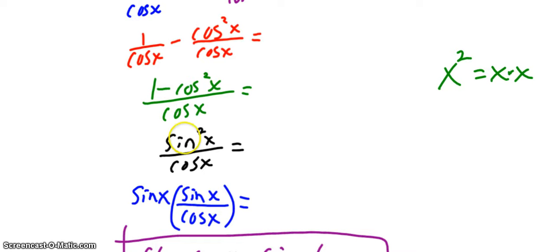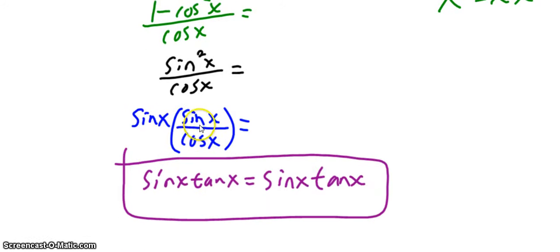So I can take sine squared of x and make that sine of x times sine of x, and then I can group them how I want. That's what I'm showing you here with the parentheses: I'm choosing to make one of the sines be over the cosine. Then that changes it to tangent, so I get sine of x times tangent of x equals sine of x times tangent of x. Fantastic.